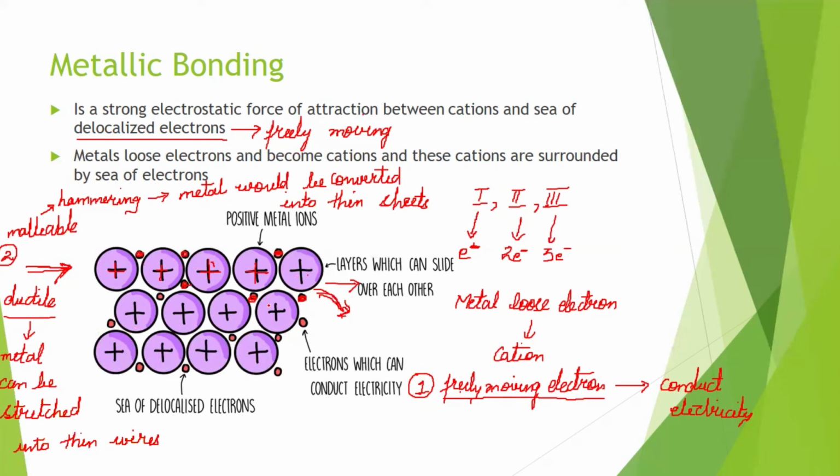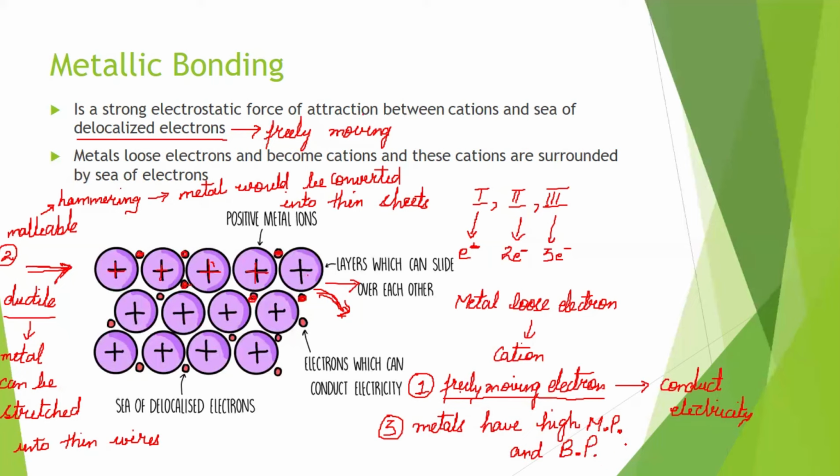The third property is that metals have high melting point and boiling point. Why?